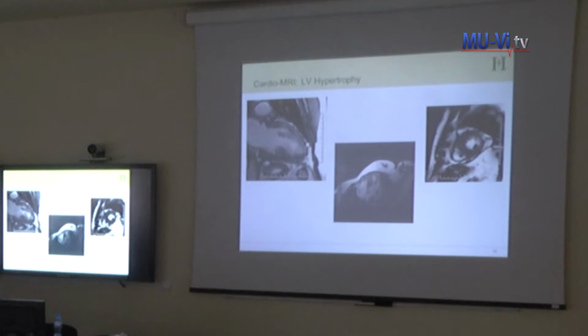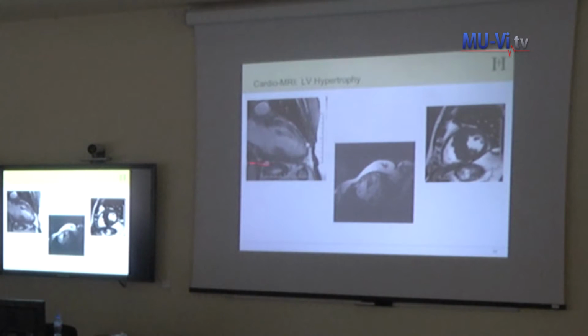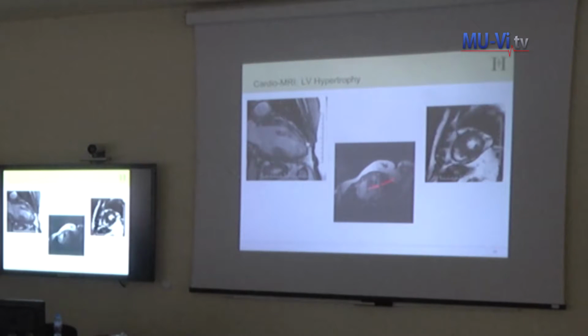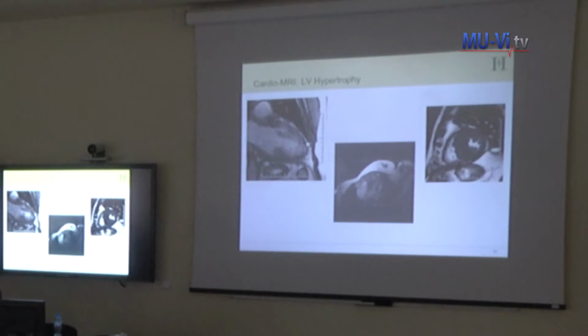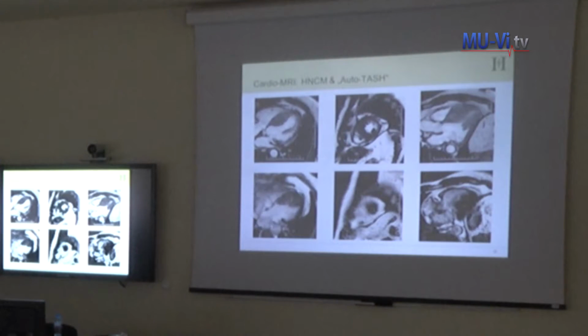And here you see a very imposing left ventricle muscle as well, and here on the short axis too. This is what we call an HNCM, a hypertrophic non-obstructive cardiomyopathy, and what we see here is an auto-TASH.